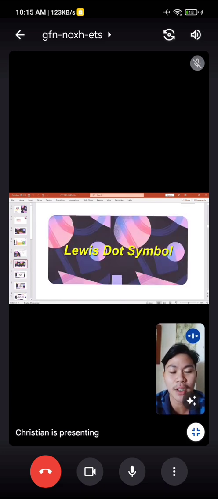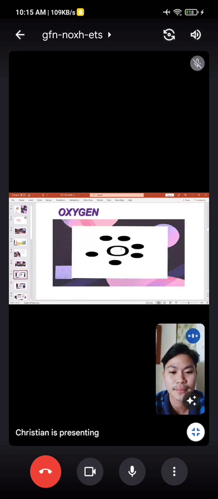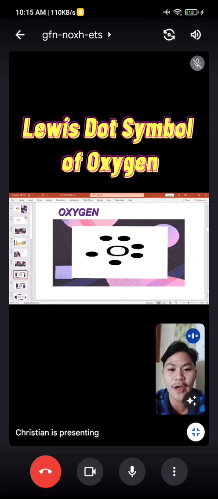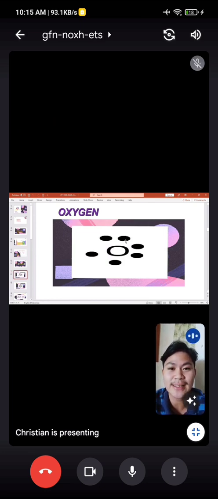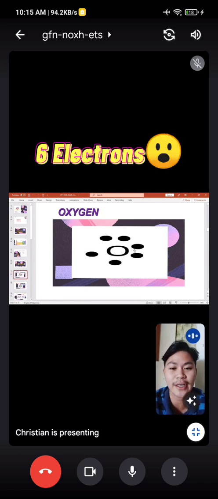Lewis dot symbol. So here is the Lewis dot symbol of the oxygen. As you can see, the elements are surrounded by dots, which represent the Lewis dot symbol. There are 6 electrons surrounded by the element.